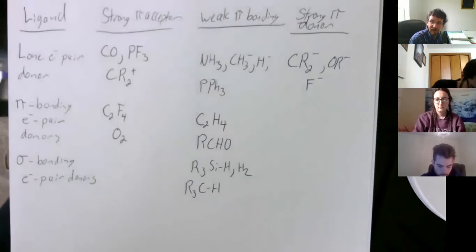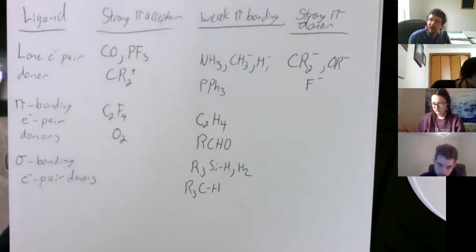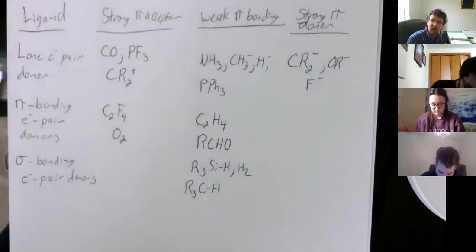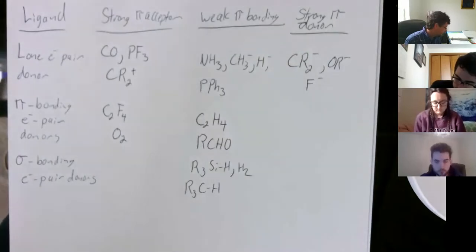And some alkanes. Okay. So having an idea of what is a strong pi acceptor, what's a strong pi donor, and if something can or cannot actually really make a pi bond can help you out in understanding what type of interactions are happening inside of the molecule. Am I all right to move this up?